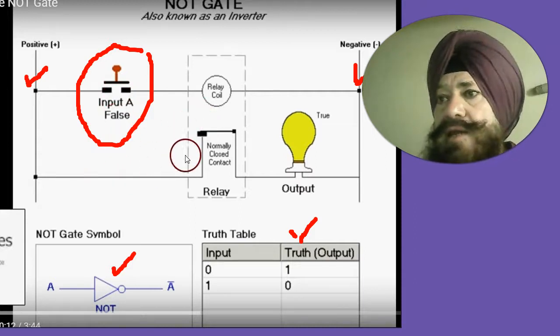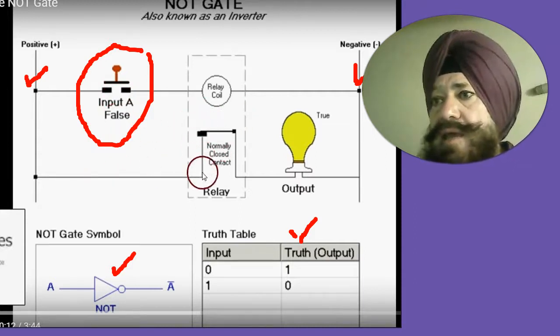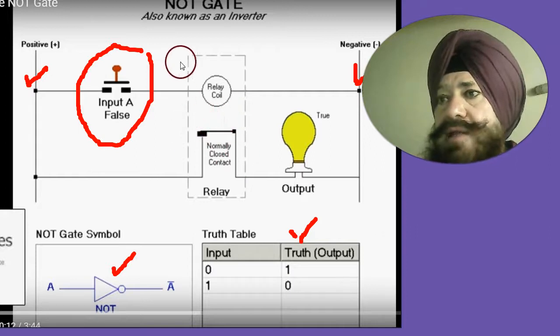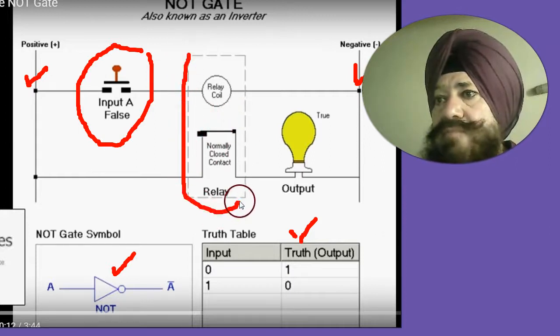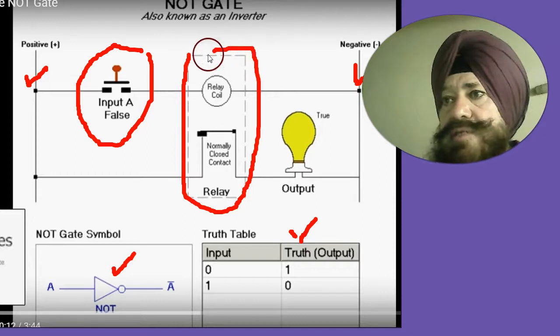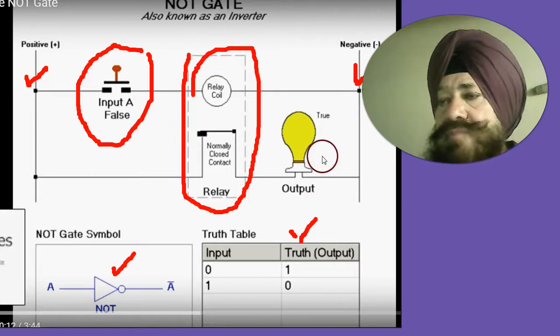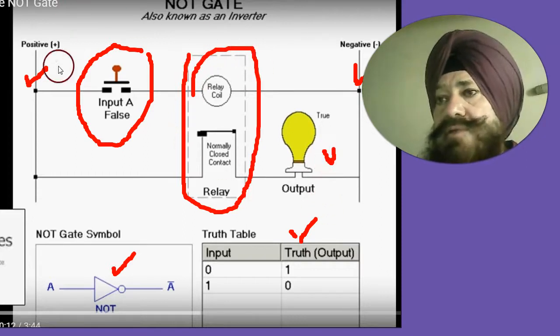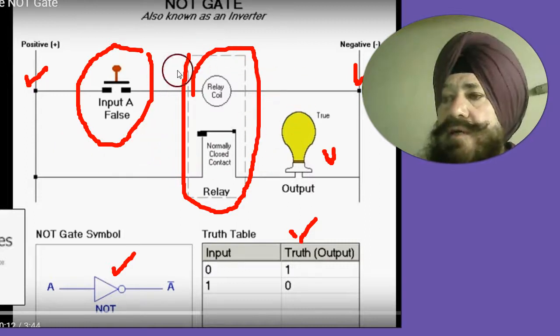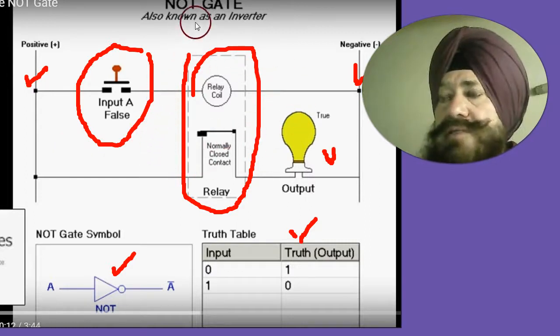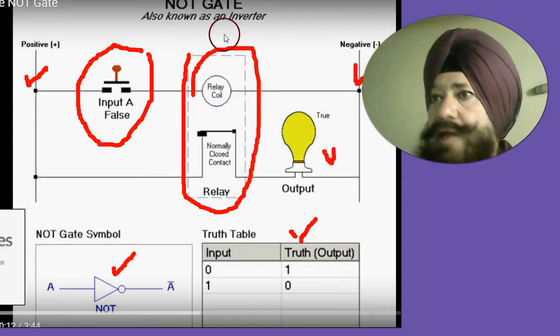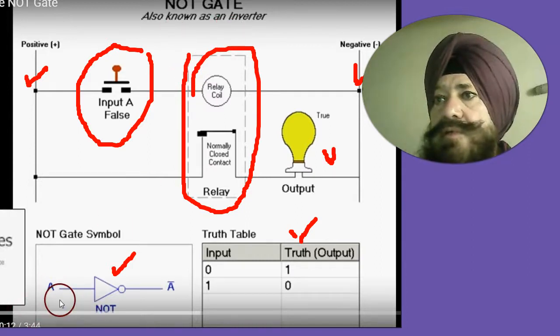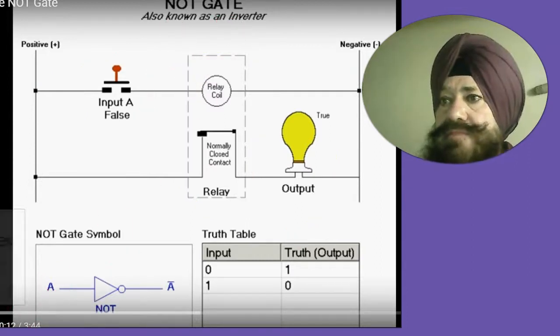In the second line there is a relay, and this is the circuit of the relay. Then there is a lamp. So this is the circuit through which we can understand the input and output states of the NOT gate.